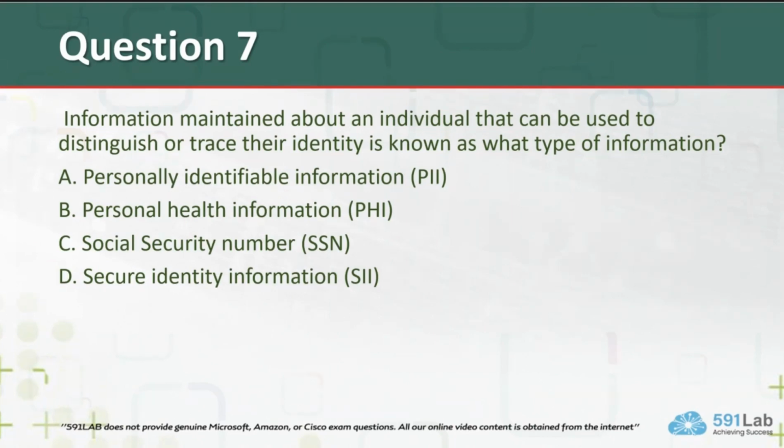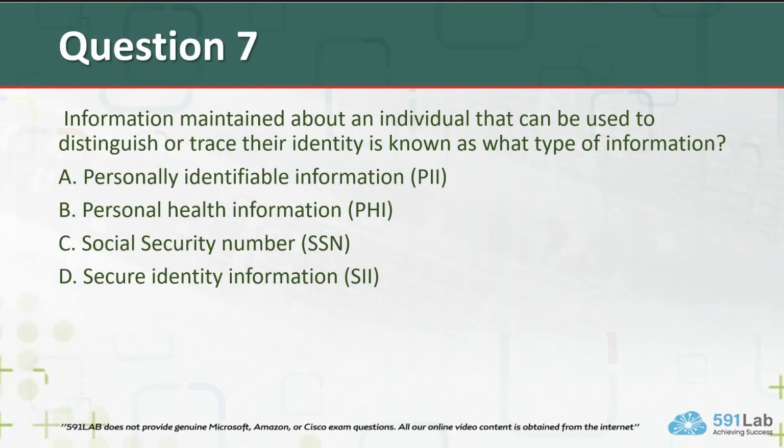Next question. Information maintained about an individual that can be used to distinguish or trace their identity is known as what type of information? Is it PII, personally identifiable information, or PHI, personal health information, or SSN, social security number, or SII, security identity information?